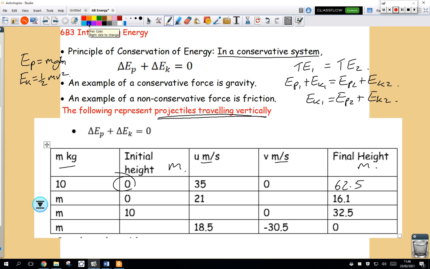The kinetic energy in position 1, well, that's a half times m, just given in this case as m, times v squared. Well, its initial velocity here, that's 21 squared, and that's equal to its potential energy at position 2, which is mg, multiplied by its height, which is 16.1, plus its kinetic energy at position 2, which is a half times m, times its final velocity.